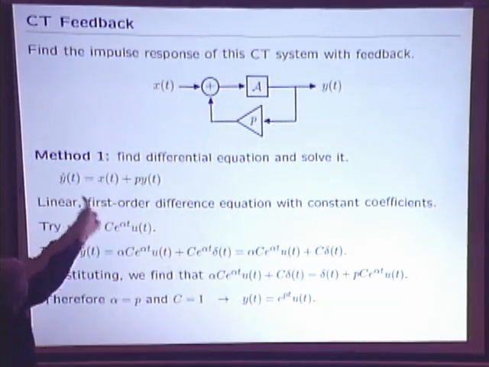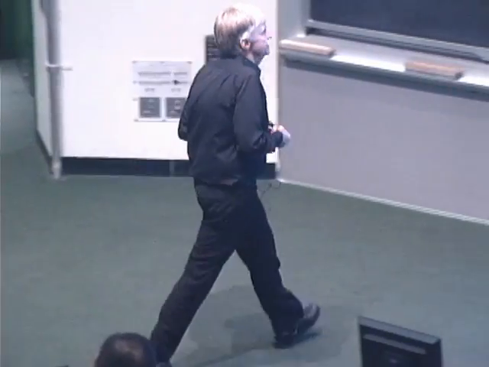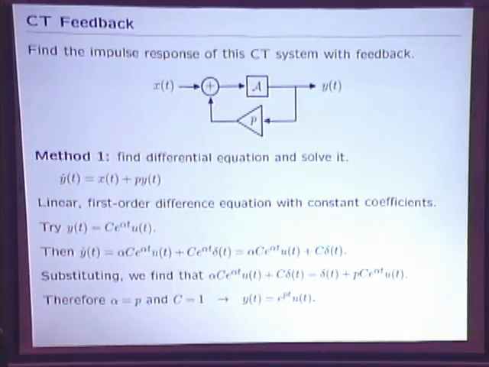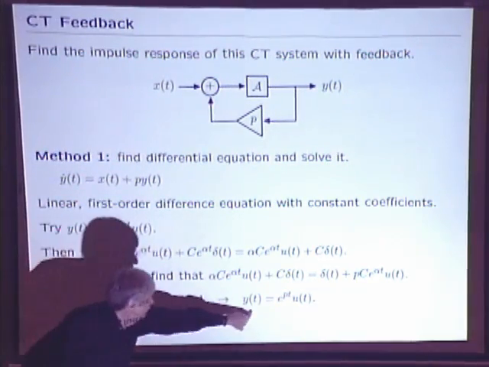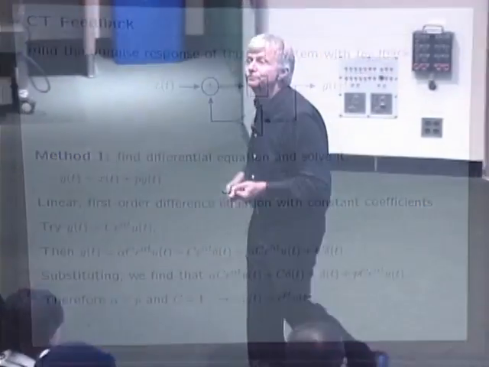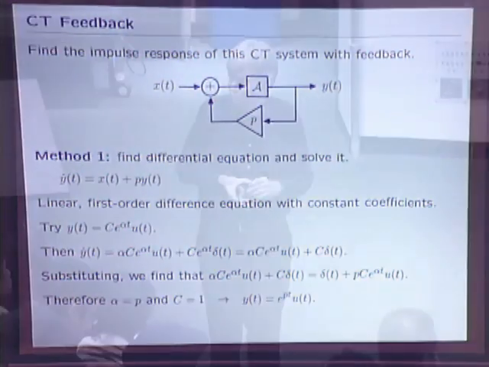For now, you would say, OK, first order linear differential equation with constant coefficients, the answer is obviously an exponential function. So you plug that into the differential equation, you figure out the constraints that would have to be solved for this to be true, and the answer is that y should be e to the pt u of t. It should start at 0, and it should be an exponential after that, and the p shows up as the exponent in the exponential. Okay?